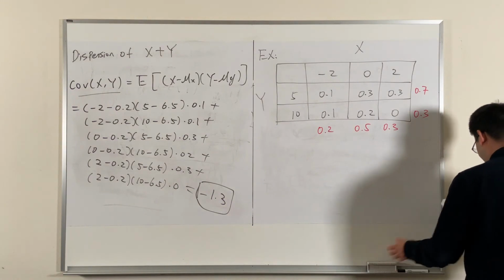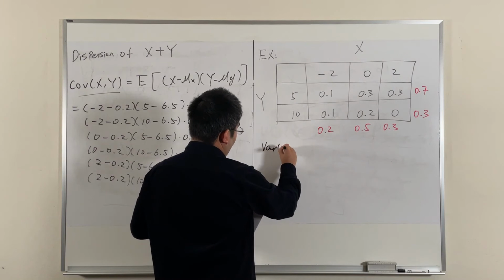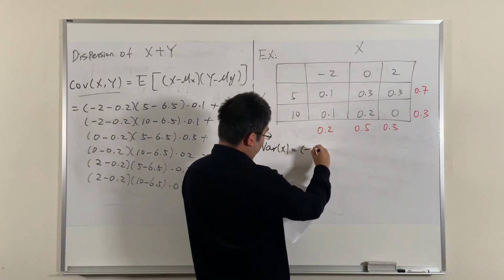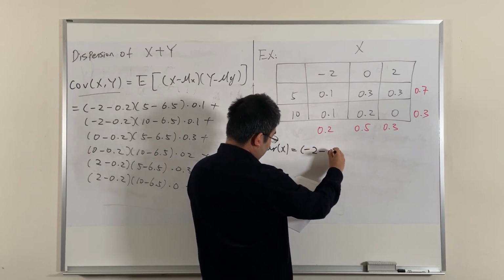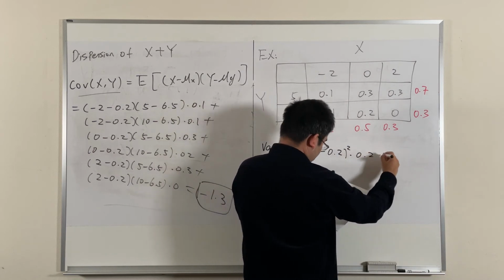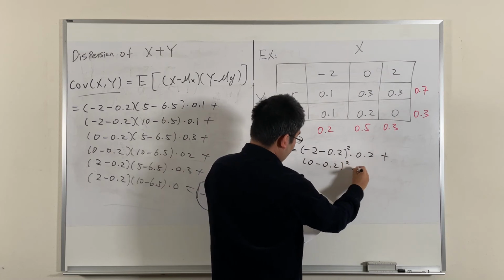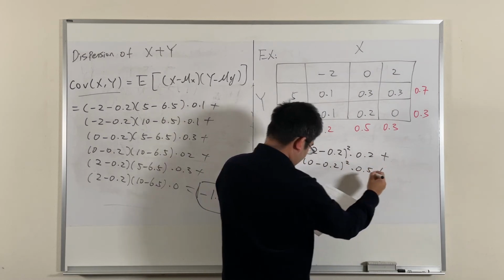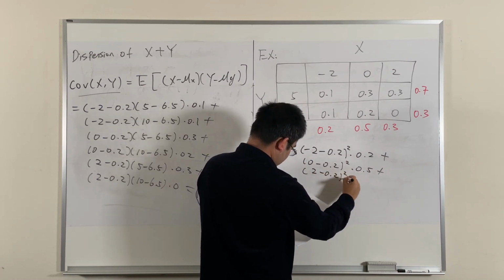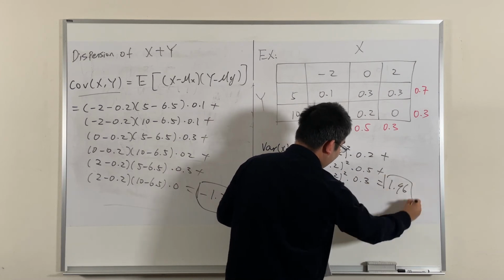So variance of x equals the first possible outcome, -2 minus the mean 0.2, squared, times 0.2, plus 0 minus 0.2 squared times 0.5, plus 2 minus 0.2 squared times 0.3, and that equals 1.96.